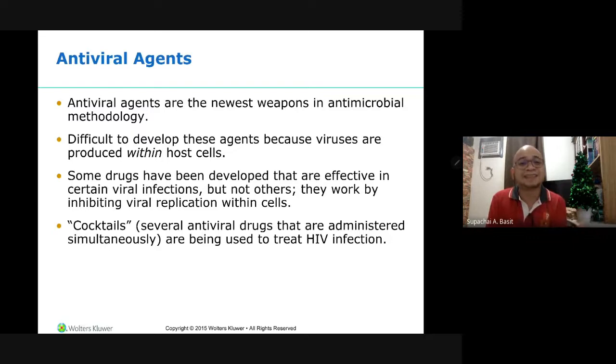So it's called a cocktail. It will not really cure HIV, but somehow it will lessen the viremia or the viral load of the patient, making the patient less infectious. Okay, so that's actually the effect of the anti-HIV cocktails or antiretroviral drugs.